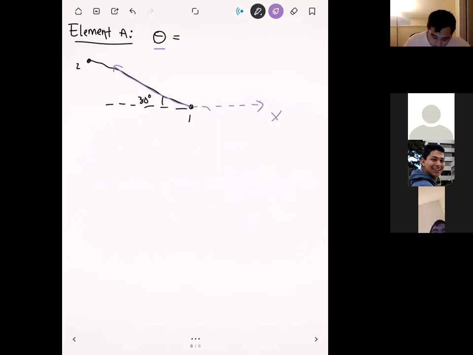The angle that we want is this one right here. So in fact, the angle is not 30 degrees, but 180 minus 30 degrees, which is 150 degrees. The angle that we want to plug into our element stiffness matrix is the angle that the element makes with the positive x-axis.